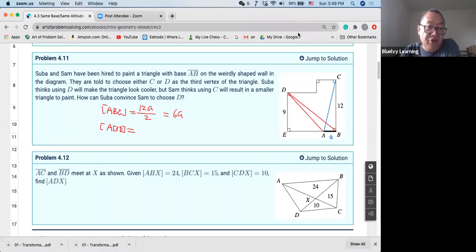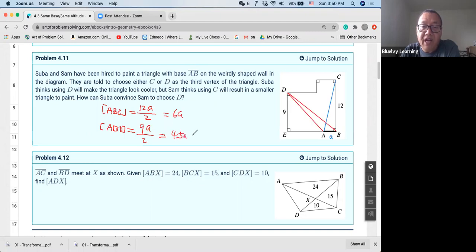Yes, Michelle, you're right. Kevin, you're right. So the altitude of this triangle is 9. That's not 12, it's less than 12. So this one is 9 times A divided by 2. You got this one equals 4.5A.